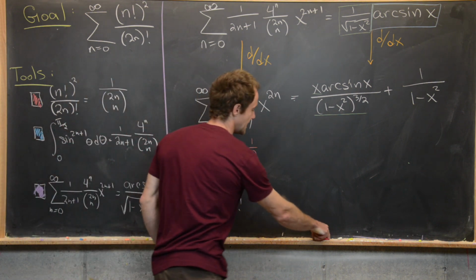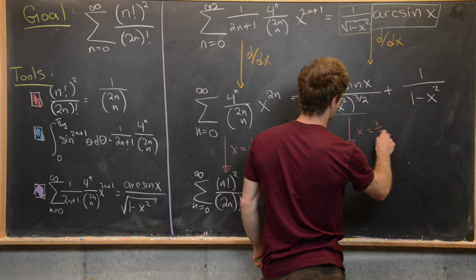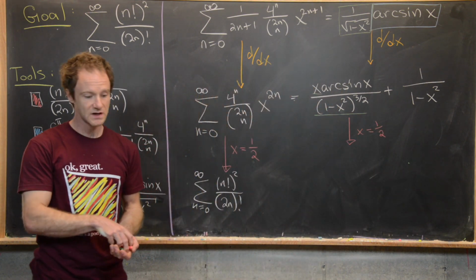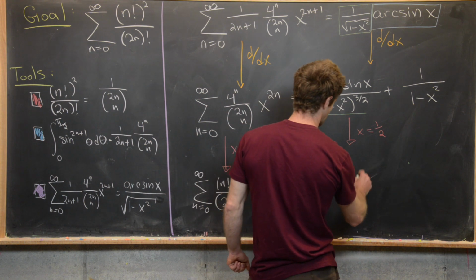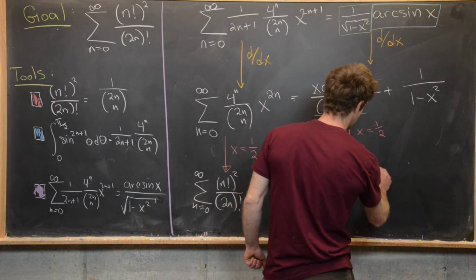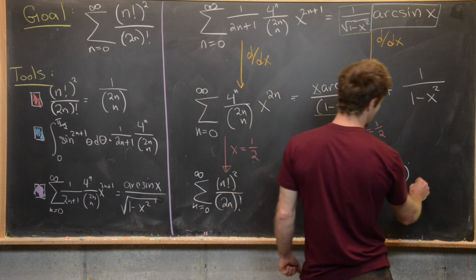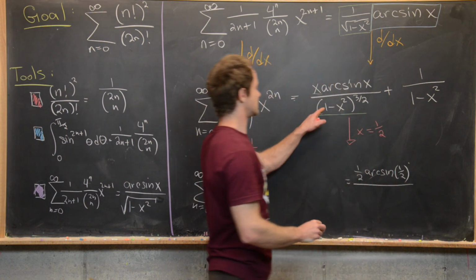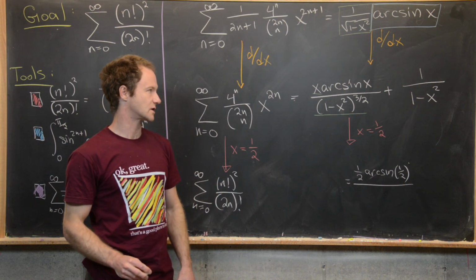Now next we'll evaluate this side of the equation at x equals 1/2 as well. So let's do that and see what we get. Here we are going to get 1/2 arc sine of 1/2, and then over, so let's see, we've got 1 minus 1/2 squared, so that's 1 minus 1/4.